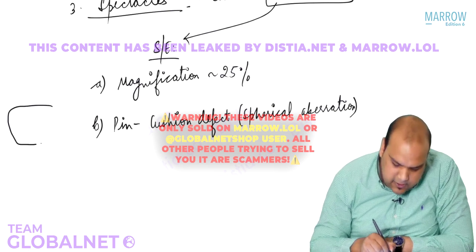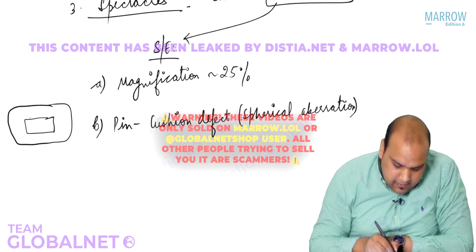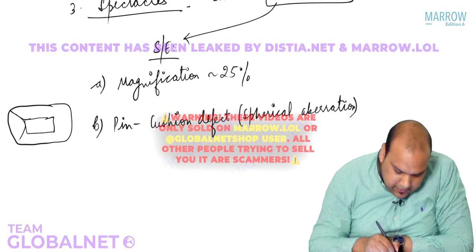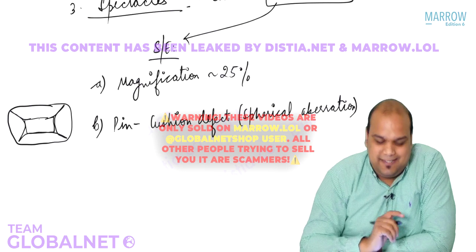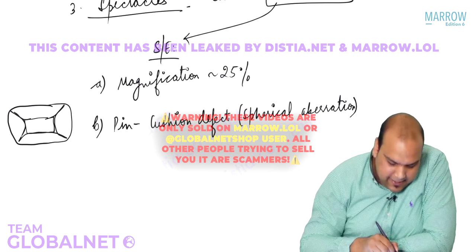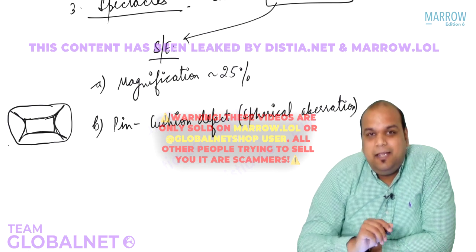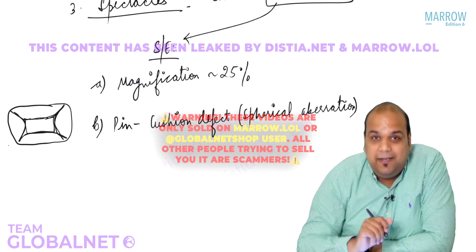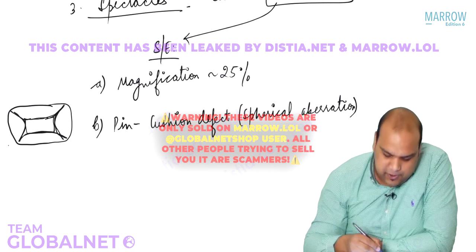If this is how big your spectacle is, in the center you will be able to see clearly, but in the periphery you will be able to see everything stretched. Because of the high power, this is the phenomenon which results. Your vision becomes like a pin cushion, like a cushion that our mothers keep in our sofa or in our drawing room, everybody. Yes or no? With all those tassels at the end. So that is why it's called a pin cushion defect.